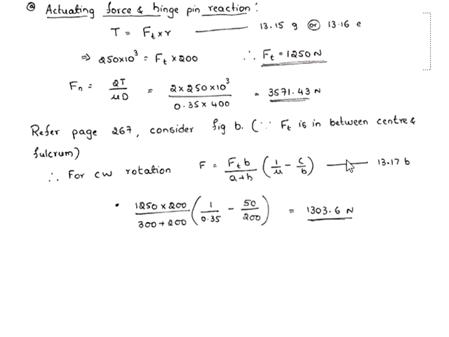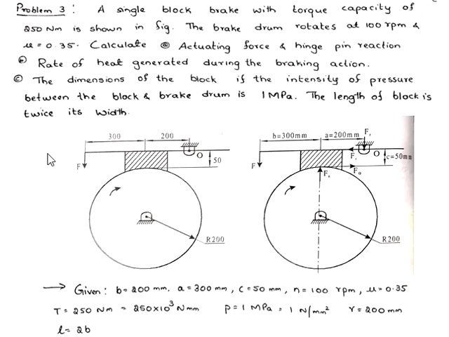For clockwise rotation, according to this question, the drum is rotating in clockwise direction, and the force is acting downward, so the direction of rotation and force are opposite to each other. In the data handbook, when the direction of rotation and force are opposite to each other, you have to select the clockwise equation only.